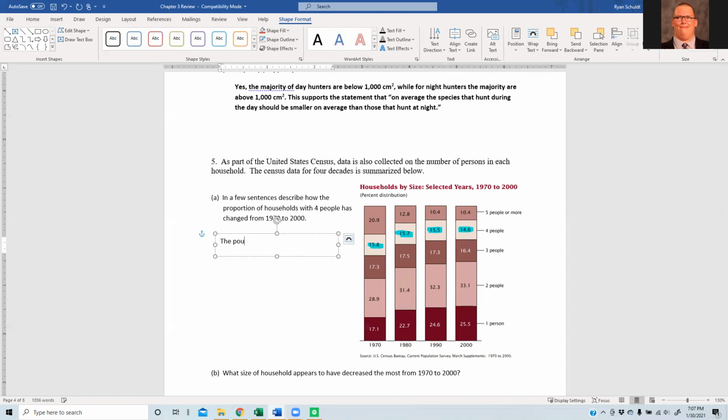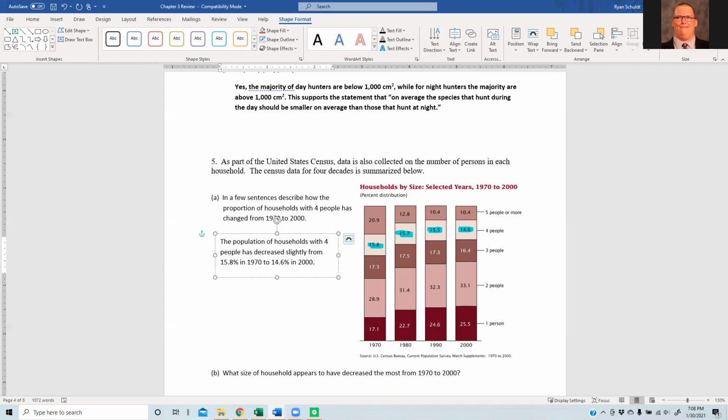The proportion of households with 4 people has decreased slightly from 15.8% in 1970 to 14.6% in 2000.